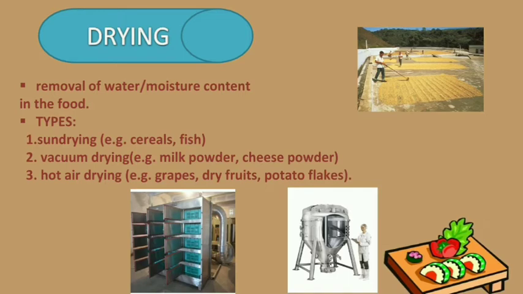In fact, one can even use drying along with other techniques such as freezing or canning, which would make the process of food preservation even better. So drying food is simple, safe, and easy.